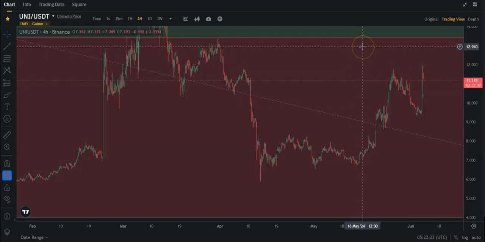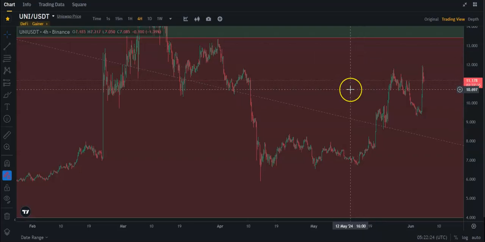These are going to be resistances just because they're round numbers, and as it goes up, people say, oh, I'm not going to buy at $13 or $12. I'll wait till it's $11.50 or $12.50 or something like this. I'll wait for a pullback.